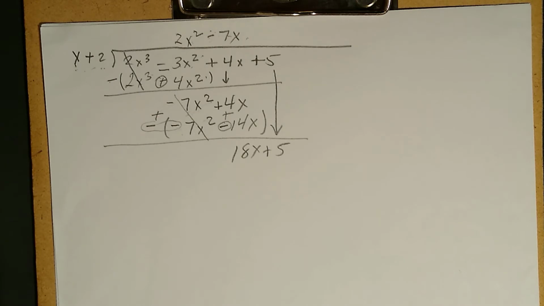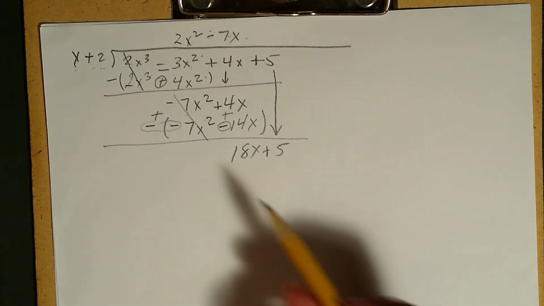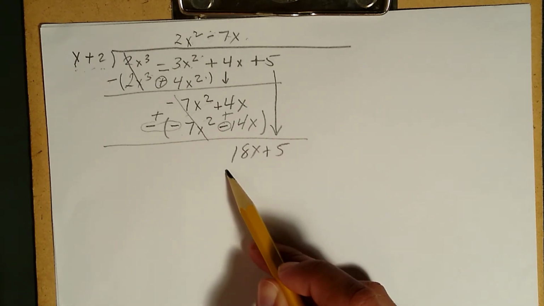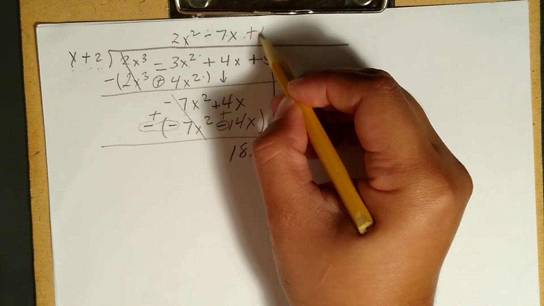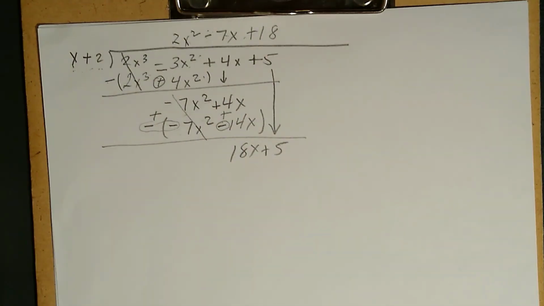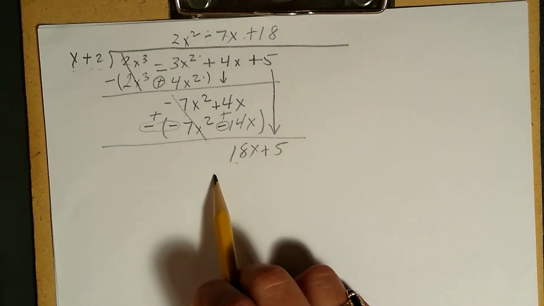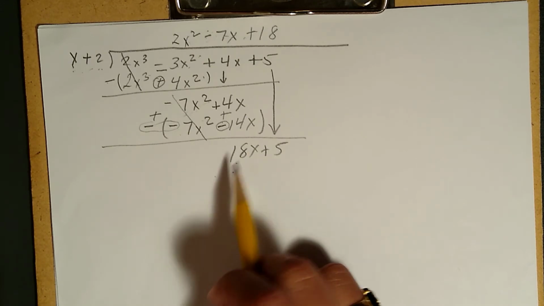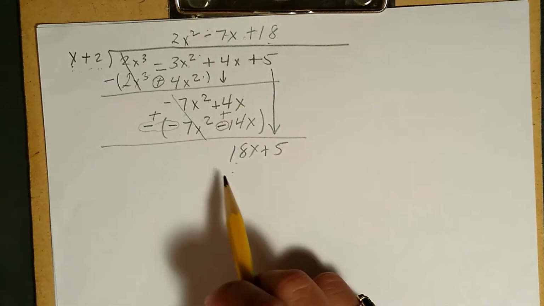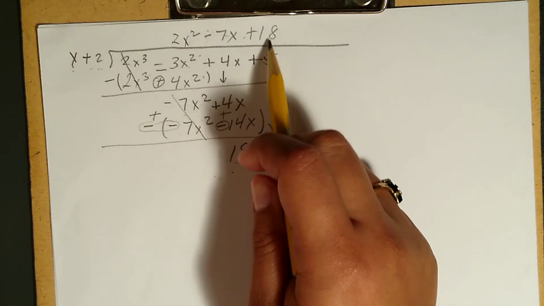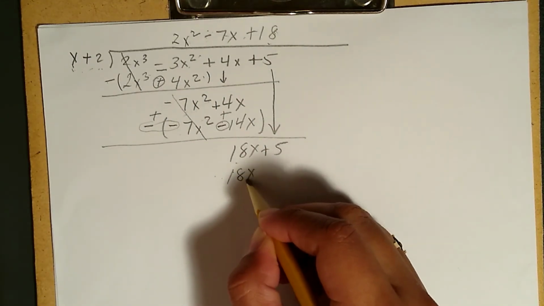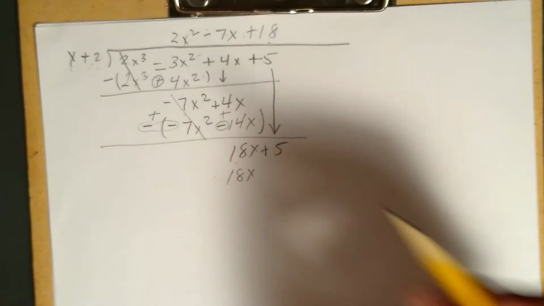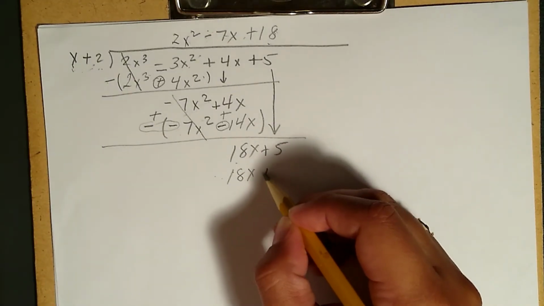Now we need a number that will let us subtract here. So we would use 18. Because we have a positive here, we need a negative in order to cancel out. So it'll be 18, and remember we're changing the sign. 18 times x will give you 18x. 18 times 2 will give you 36.